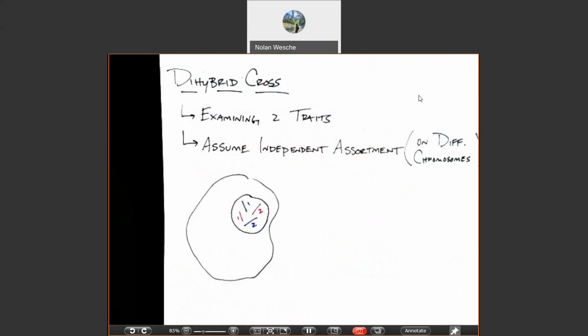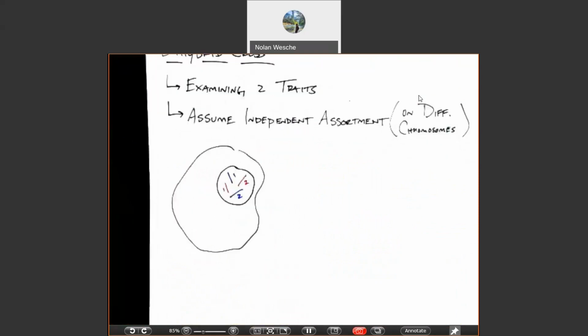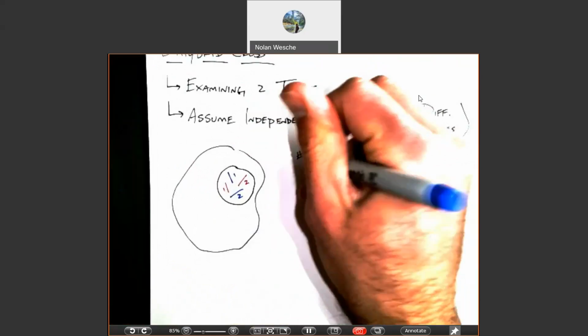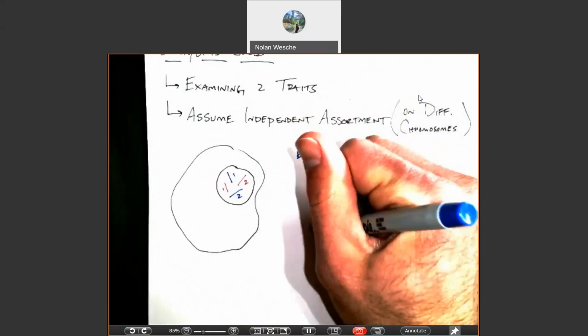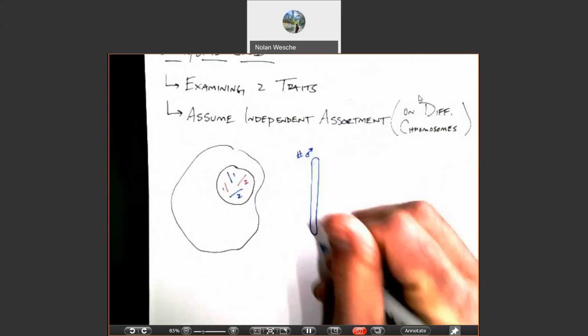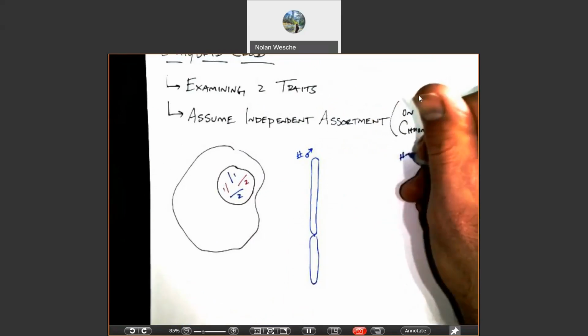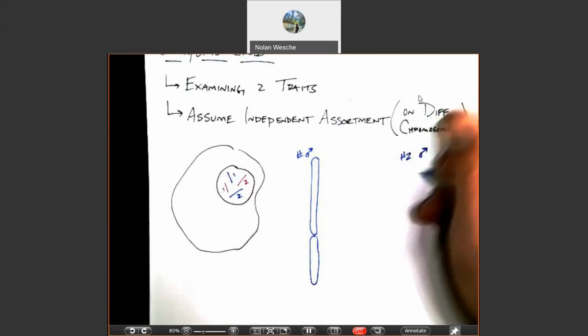And we're going to then sketch out these chromosomes off to the side. So let's show this chromosome that came from dad. So right here. And chromosome 2 from dad, we're going to show over here.